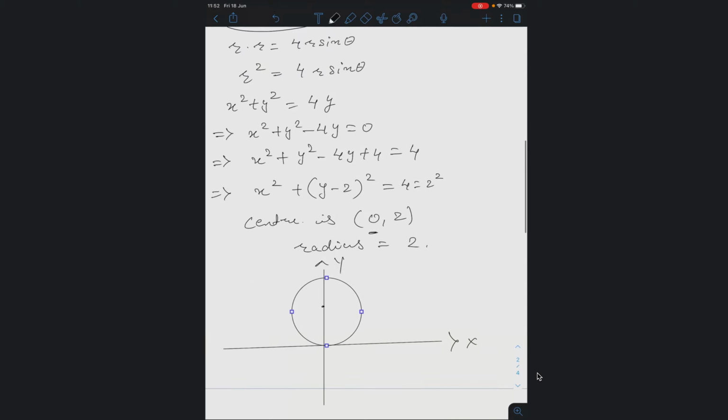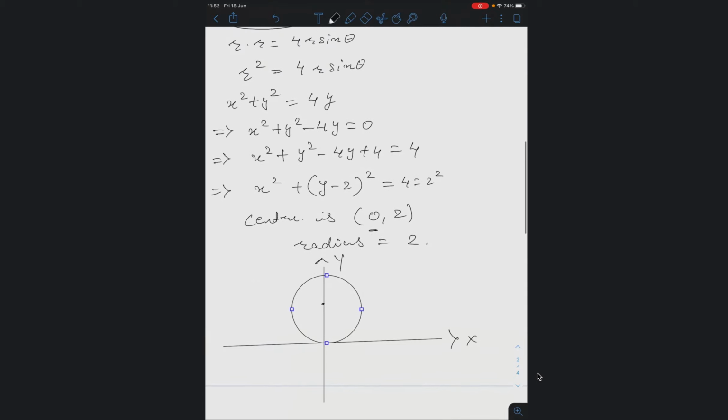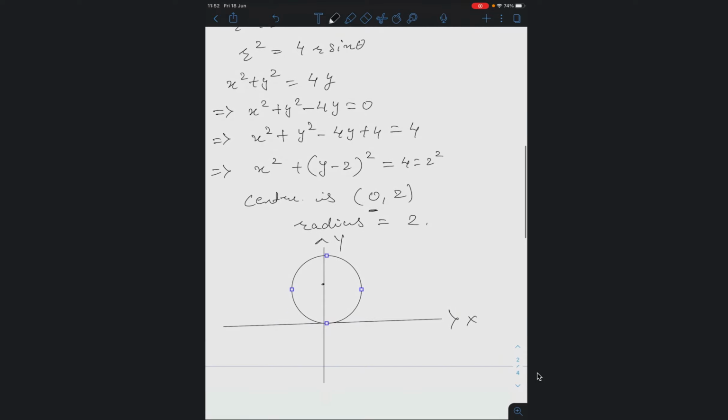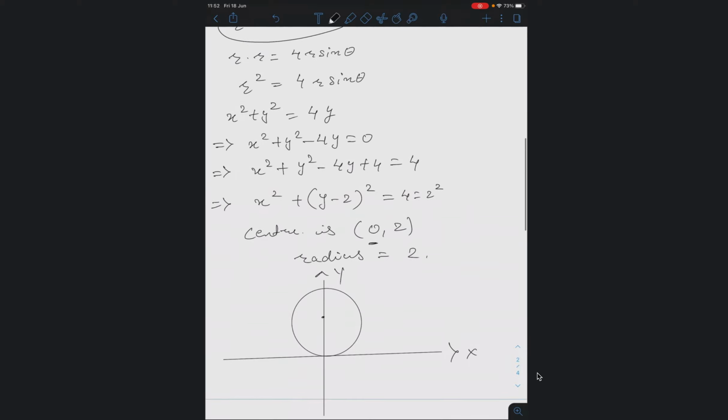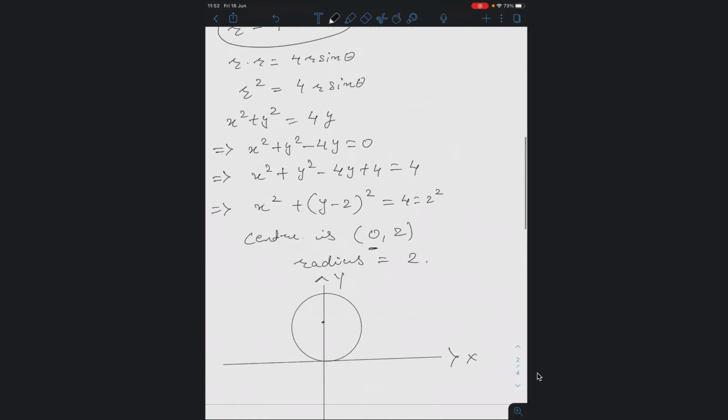So this is an example of a circle. Similarly, if I write the same question with r is equal to minus 4 sine theta, what am I going to get? It's the same thing, but what will change here?